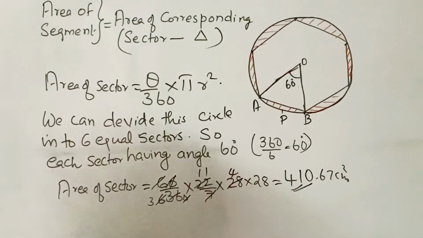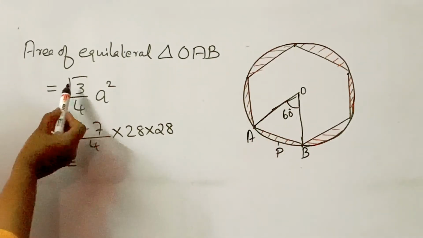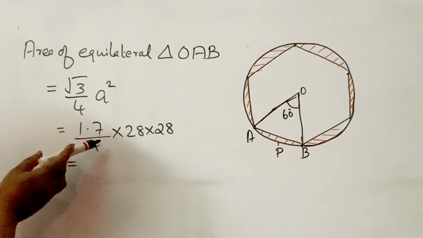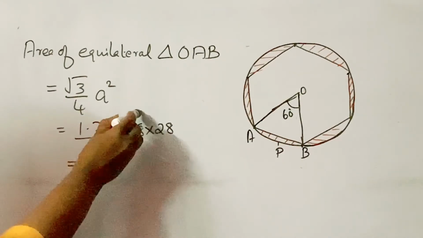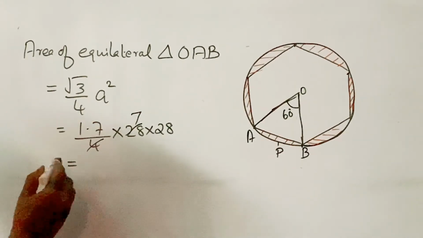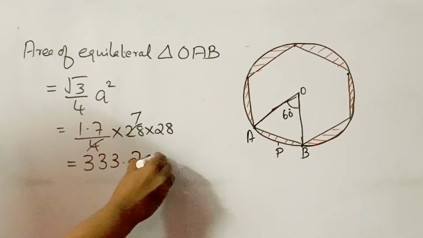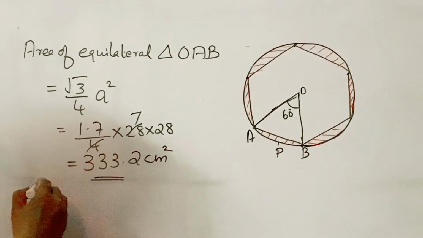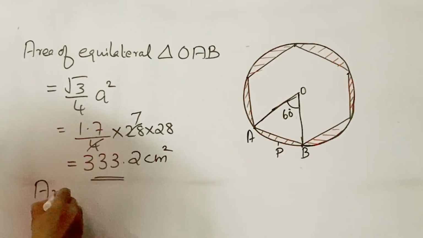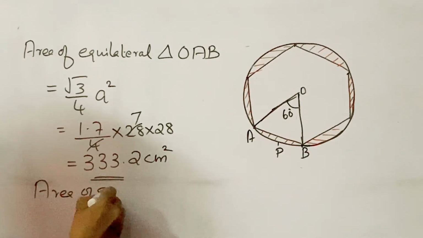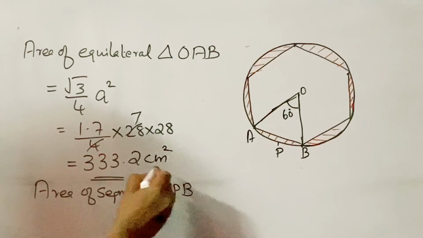Area of equilateral triangle OAB, root 3 by 4 a square. That is root 3 is 1.7 by 4 into 28 into 28. Then here you get 7. That is 333.2 centimeter squares. Now we want to find out the area of segment APB.